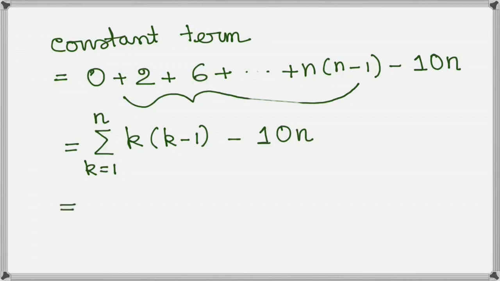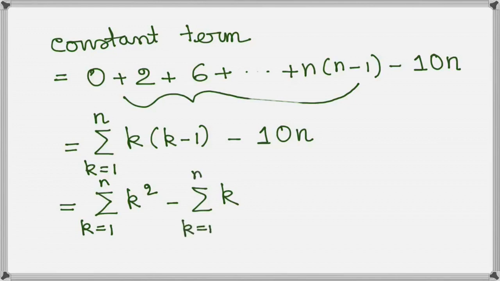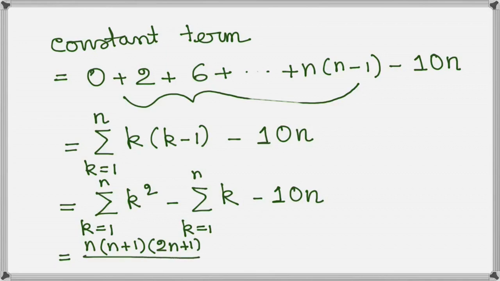If we split this one, we obtain the sum of k square, k from 1 to n, and the sum of k, k from 1 to n, and this is minus 10n. So therefore, this is n into n plus 1 into 2n plus 1 divided by 6, minus n into n plus 1 divided by 2, and minus 10n.